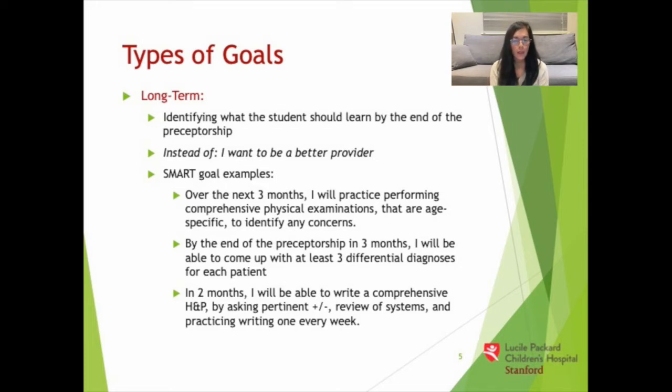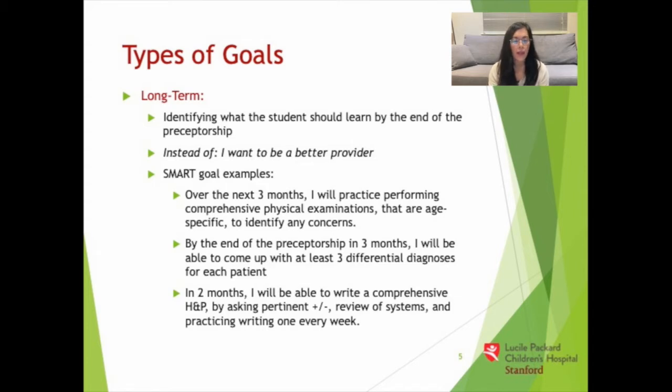So instead of just a generic way of saying, I want to be a better provider or I want to be a better nurse practitioner by the end of the preceptorship, it's really honing in on key elements that they want to work on. So examples of these would be, in the next 3 months, I'll practice performing comprehensive physical examinations that are age-specific to identify any concerns that the patient has.